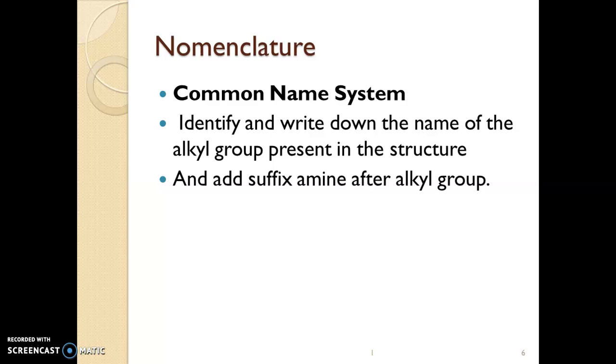Whenever we see the structure of a compound which contains NH2 as the functional group, and we want to write down the common name, then you have to first identify and write down the name of the alkyl group present in the structure, and then after the alkyl group you have to add the suffix amine. So now you will get the name of that respective compound.